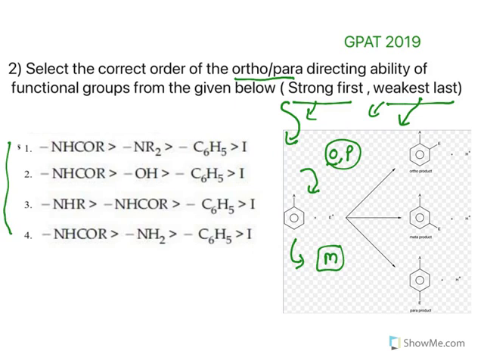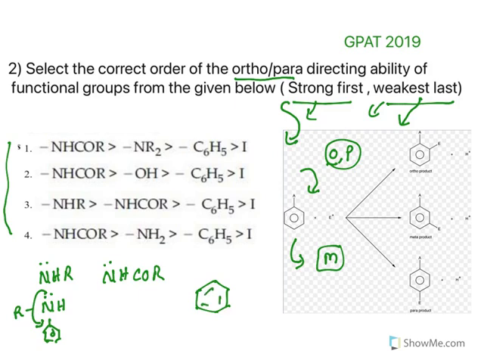Look at option one. In all of them, the first option is either NHR or NHCOR. You decide which one is stronger and you will get the answer. In NHR, the electrons are on nitrogen, and it is substituted to the ring, so the electrons can move into the ring. Now in NHCOR, you have NH bonded with a carbonyl group, where carbon is attached to oxygen.